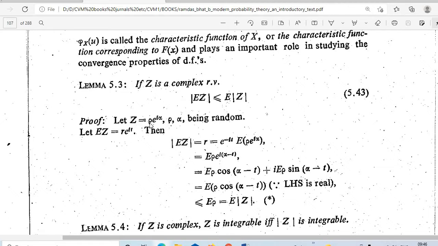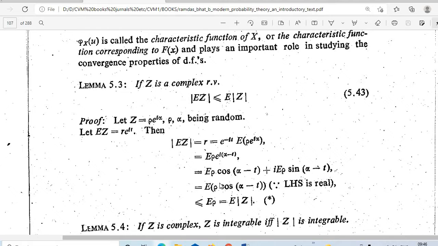But we have taken z equal to rho times e raised to i alpha, so we have the expectation of rho times e raised to i alpha. You can take this e raised to minus i t inside, so that is the expectation of rho times e raised to i times alpha minus t. That is the simplified form. Now you can apply the trigonometric expression: the expectation of rho cos of alpha minus t plus i times the expectation of rho sin of alpha minus t.